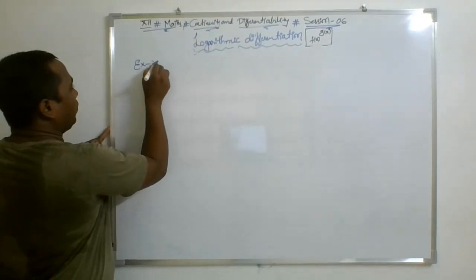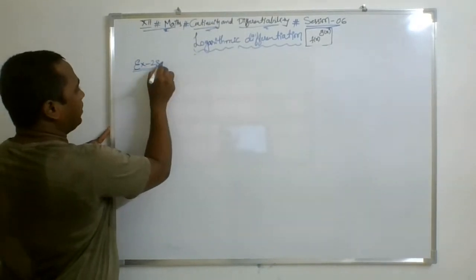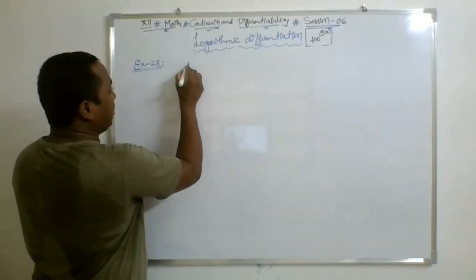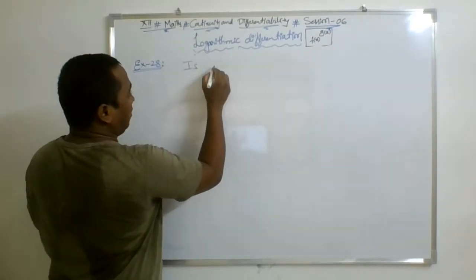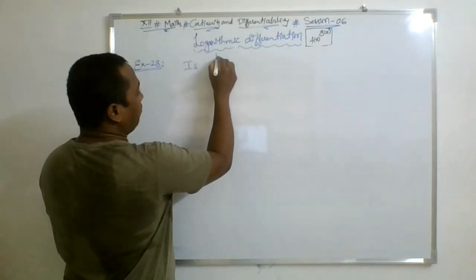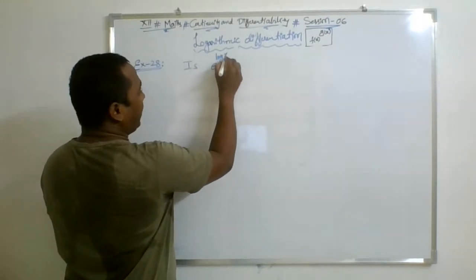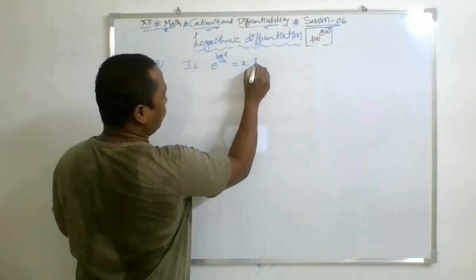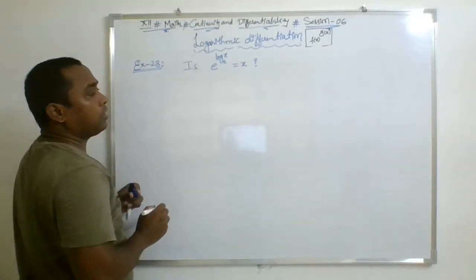Example number, I think 28, in the textbook, is given like: is e to the power of log x base e equal to x?